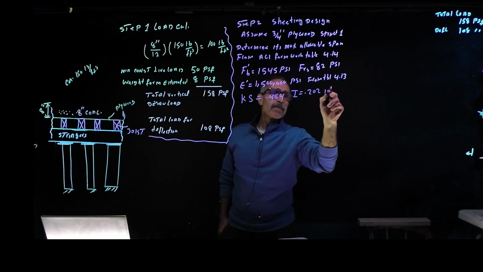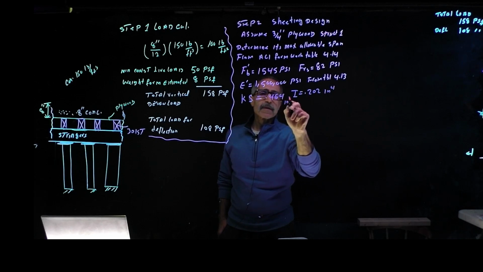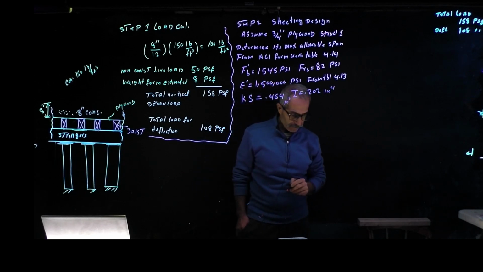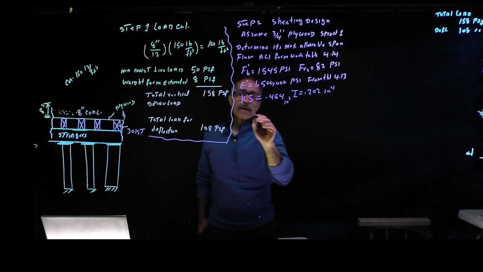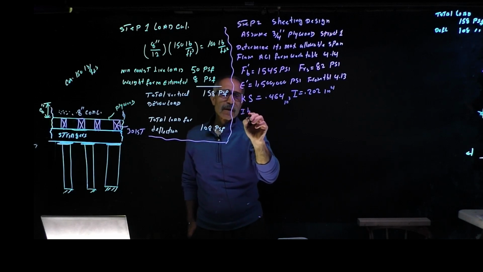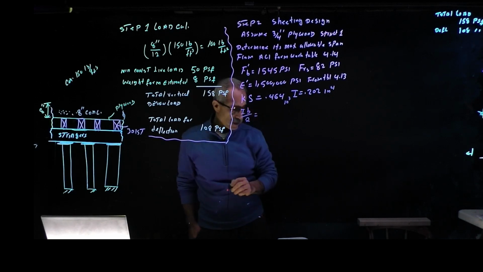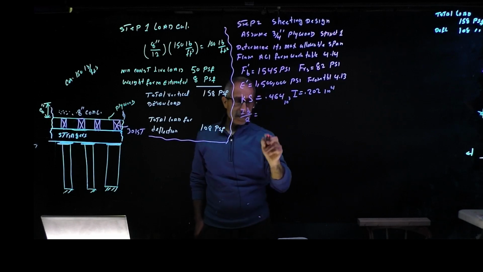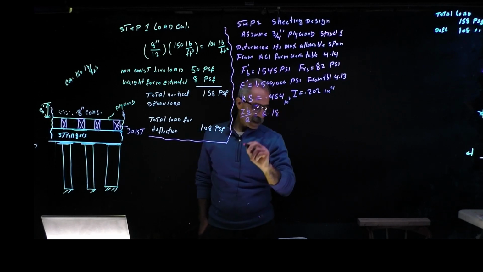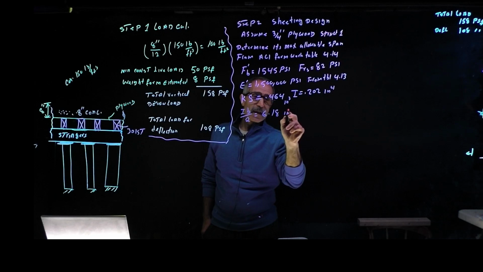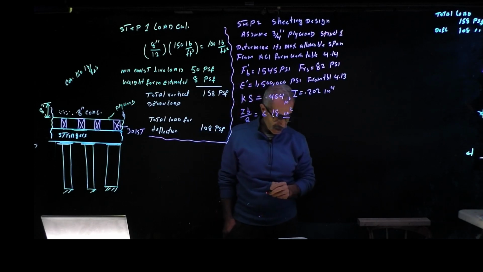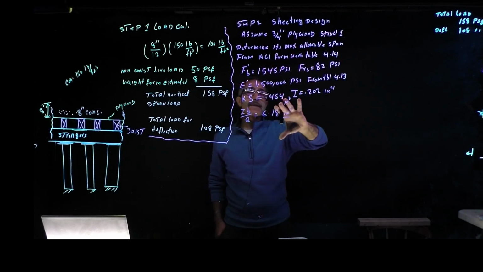This is inch to the power 4; the section modulus should be inch to the power 3. The rolling shear constant Ib over Q is given as 6.118 inch squared.